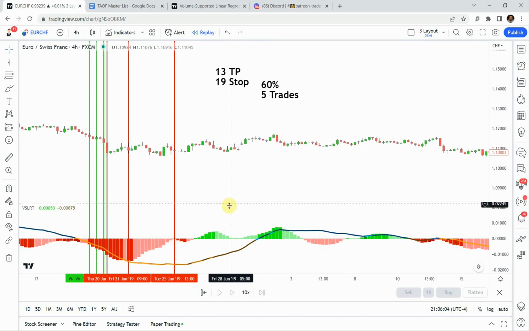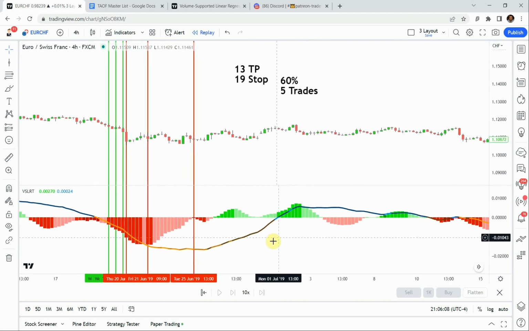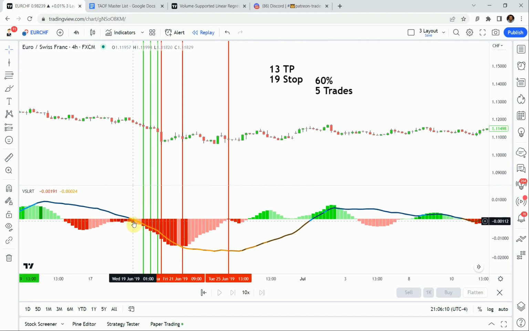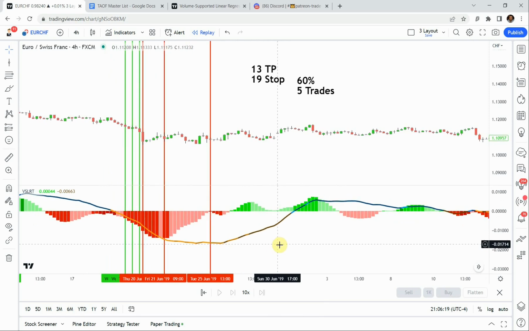So in the original testing, what we were looking for was a two-part confirmation with this indicator. The histogram bars here in green and red are basically a short-term trend identifier.